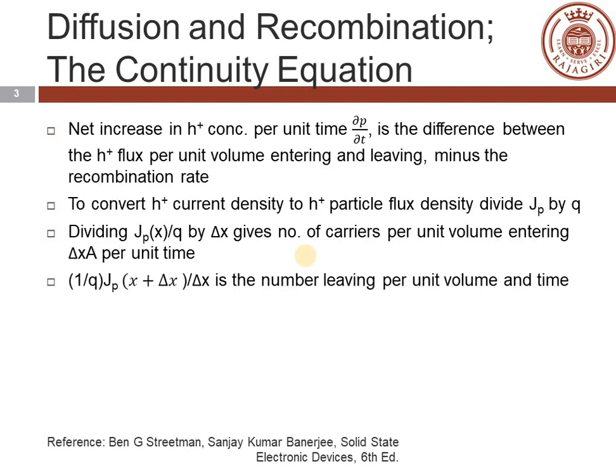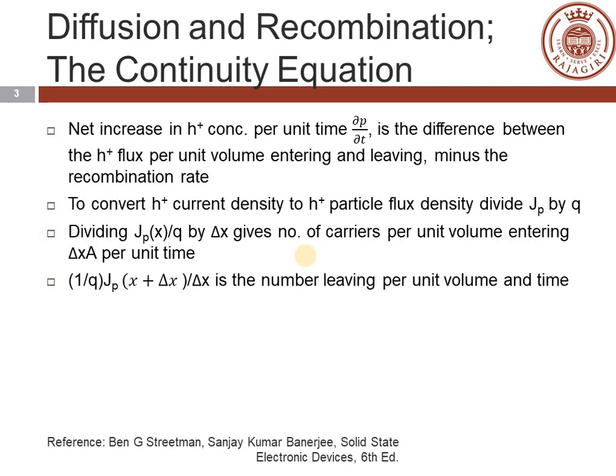That means, in the previous diagram, the number of carriers entering this volume. Similarly, if you take the leaving current density, that is Jp of x plus delta x, then divide it by q, you will get the hole particle flux density leaving that particular volume. If you divide that quantity by delta x, you will get the number of holes leaving per unit volume at that time.